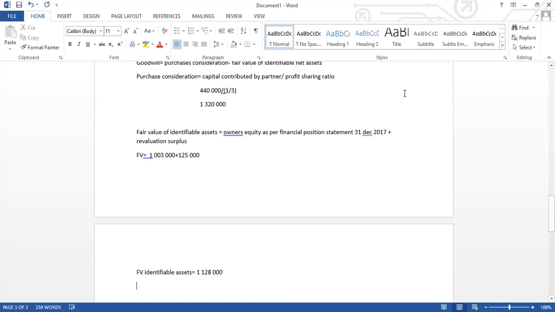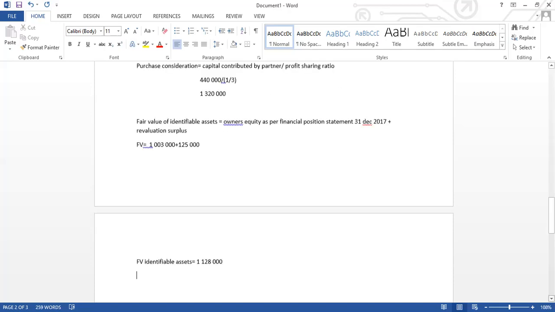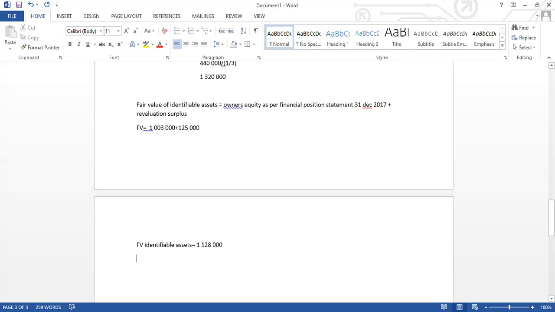Going back to our goodwill formula, we said that goodwill equals purchase consideration minus fair value of identifiable net assets. And that's what we were asked to look for. So in this case, goodwill equals our purchase consideration, which is 1,320,000.